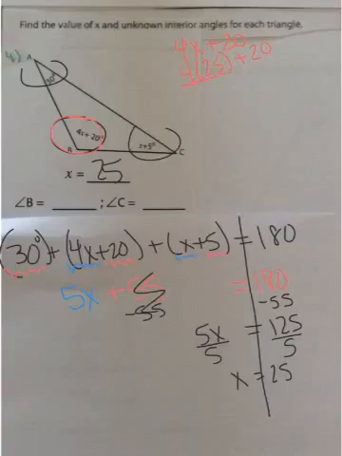So 4 times 25 is 100, plus 20 is 120. So that means angle B measures 120 degrees. And then angle C is this one down here. So x plus 5. So we said x was 25, so 25 plus 5, that means angle C is 30 degrees.